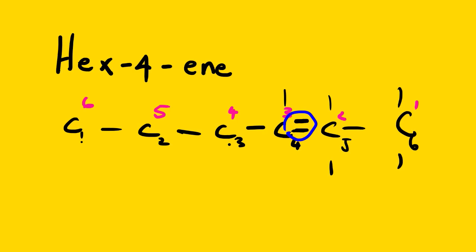So we always pick the lowest number, or we always look at the position where it is closest to the ends of our carbons or our starting carbons. So instead of having hex 4 in, we are going to have hex 2 in.